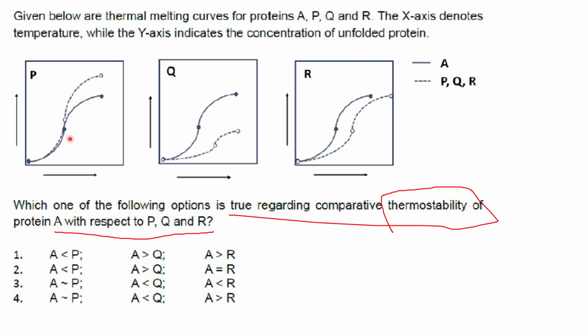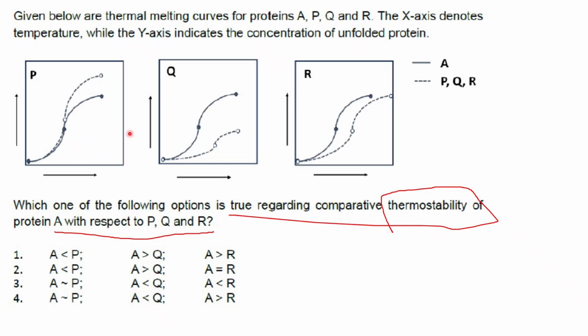A higher temperature means greater thermostability, or I can say the protein requires more energy to denature. So it is more thermostable.